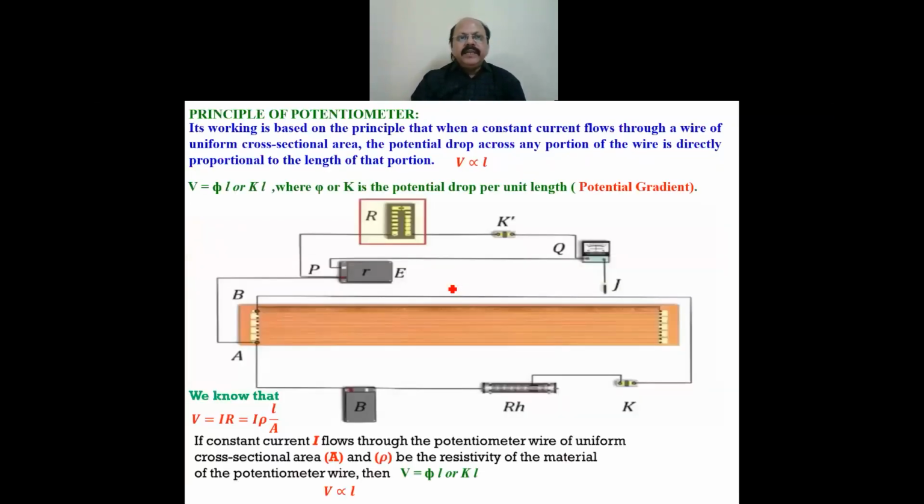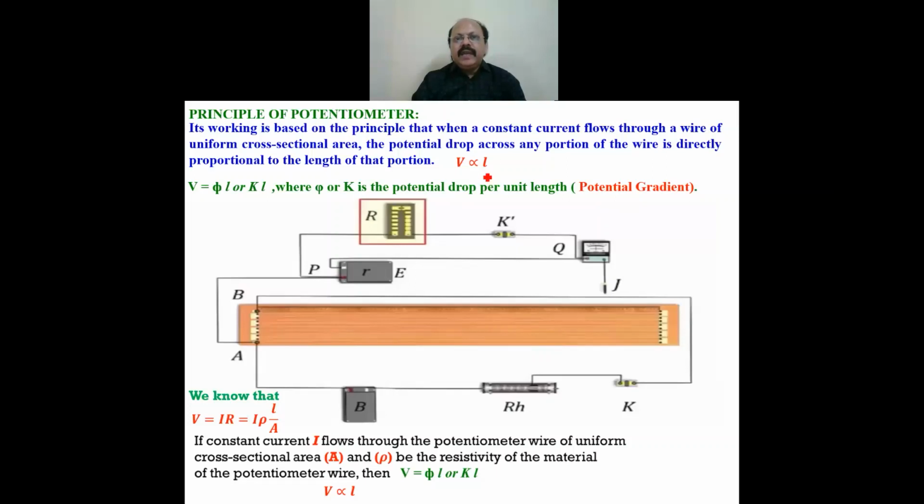Its working is based on the principle that when a constant current flows through a wire of uniform cross-sectional area, then the potential drop across any portion of the wire is directly proportional to the length of that portion.